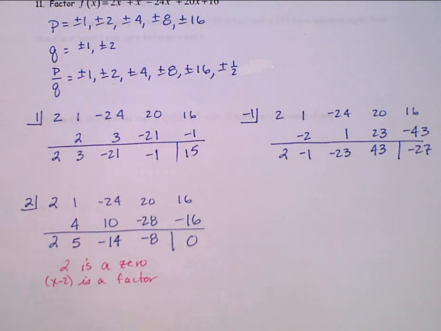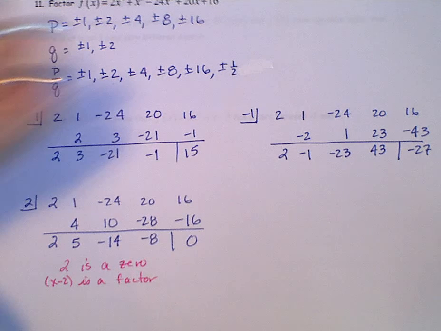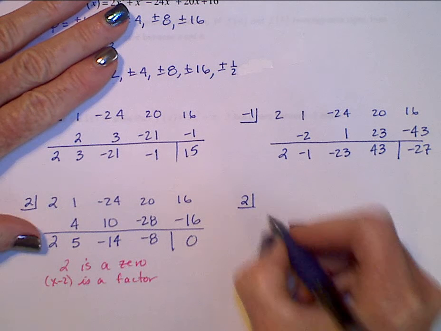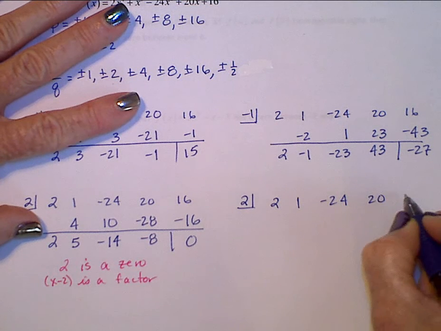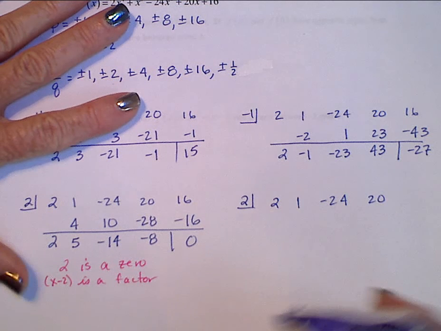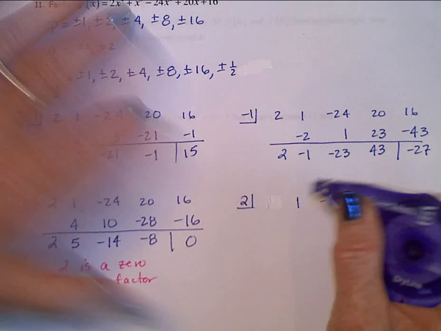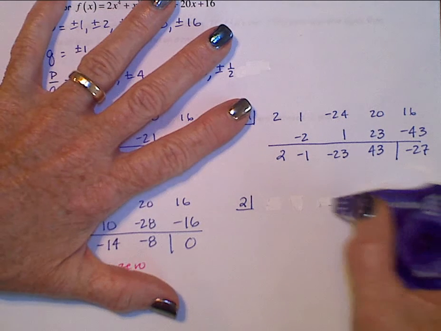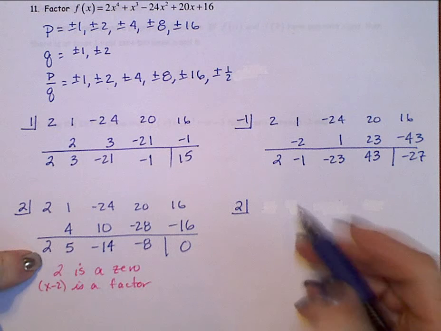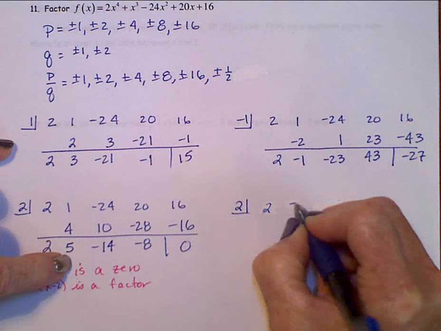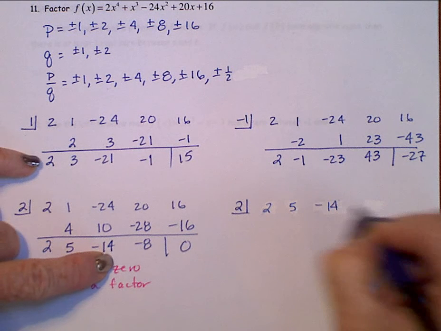All right, now we have to try again. Because 2 worked, we want to try 2 again in that depressed polynomial. So let's try 2 again into 2, 1, negative 24, 20. Oh, that's not right. I just said the depressed polynomial, and then I started writing the original. Sorry. All right, so depressed polynomial: 2, 5, negative 14, negative 8.